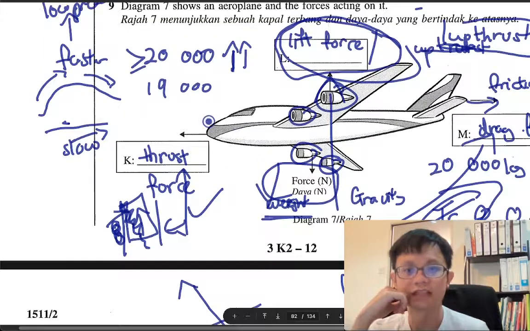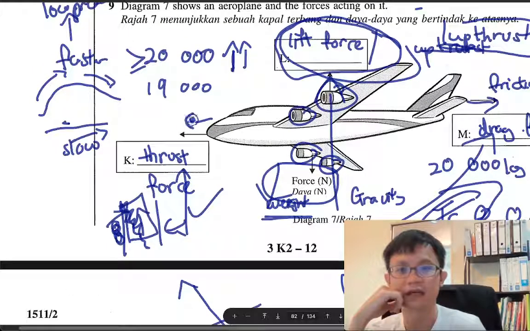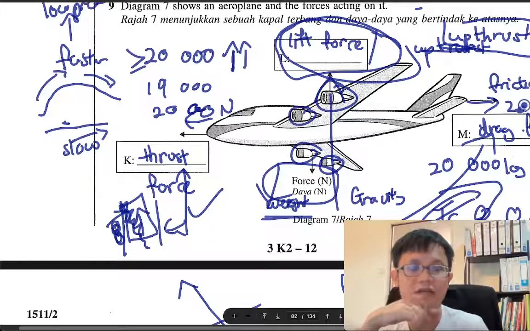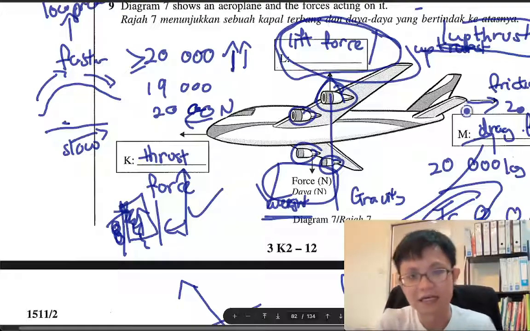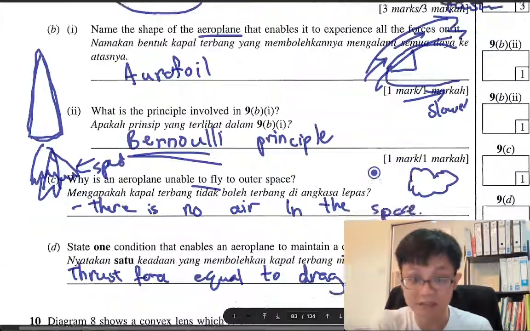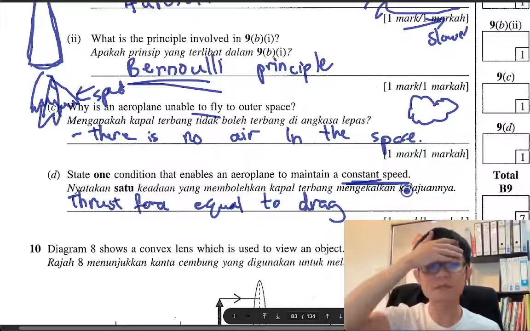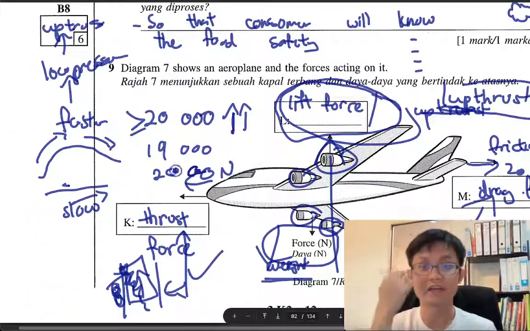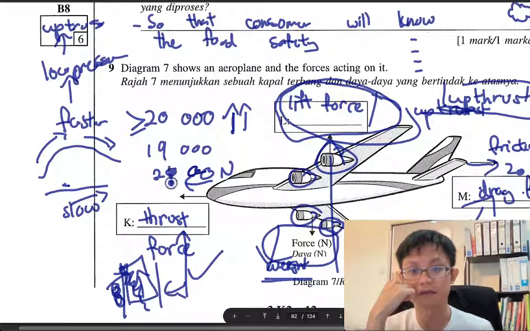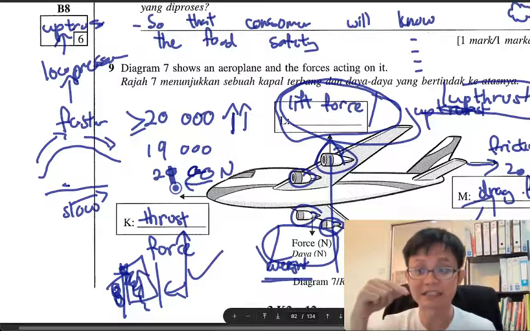So of course, if it is equal, for example, up here is 20,000 Newton and behind is 20,000 Newton, you will have a constant speed. Because if here is more, let's say I put 21,000, then I will have acceleration.